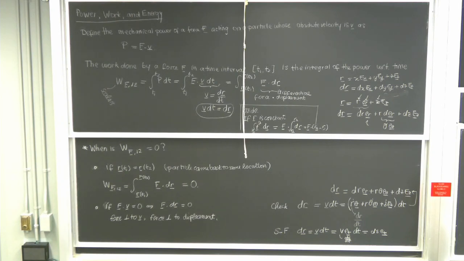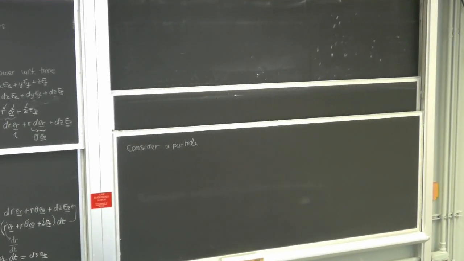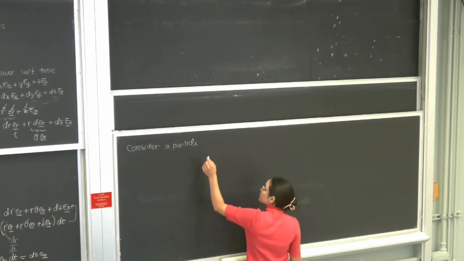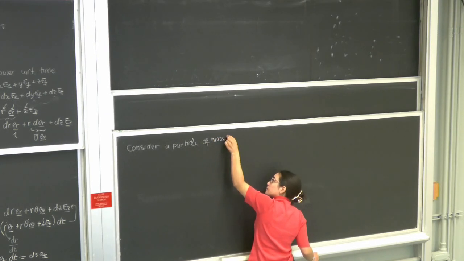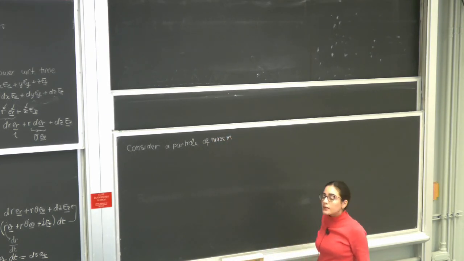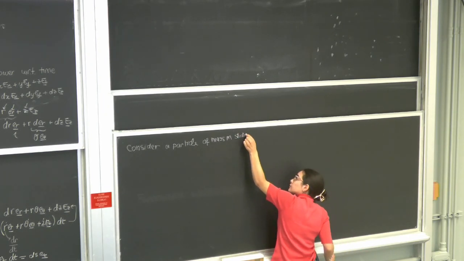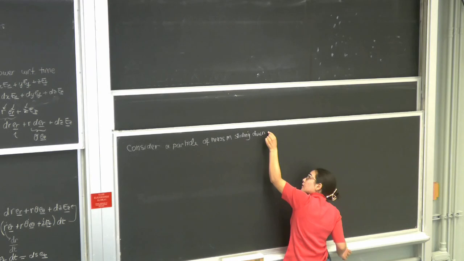Okay, I think that's probably it. So let us think of the work. Let us consider two trajectories. Consider a particle of mass m sliding down a smooth rail.